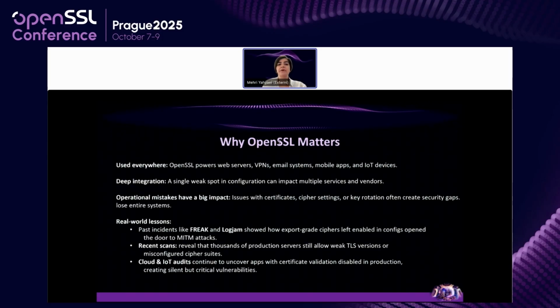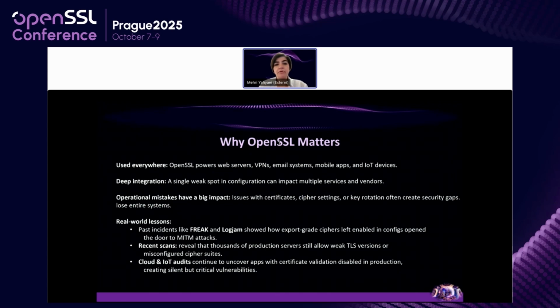As we have some practical experiences like Freak and Logjam, I'm pretty sure that you heard about them, they taught us that legacy configurations, such as export-grade ciphers left enabled, can lead to real-world compromises.